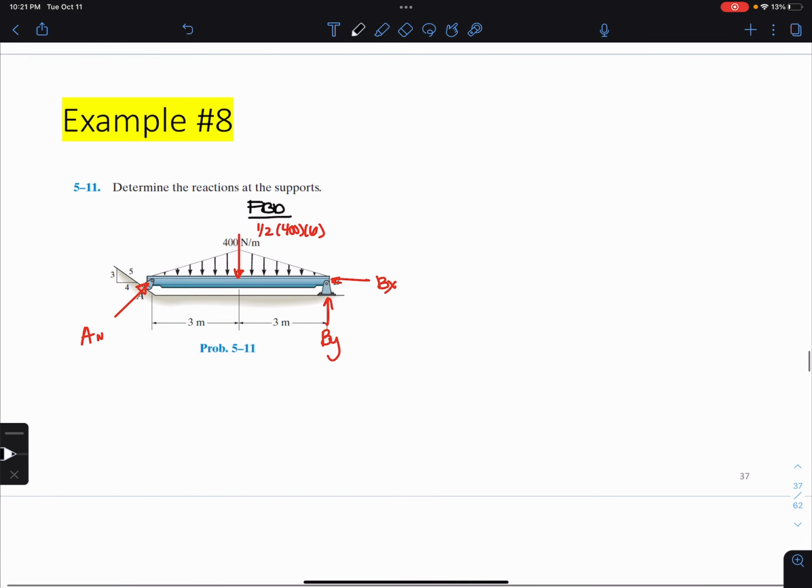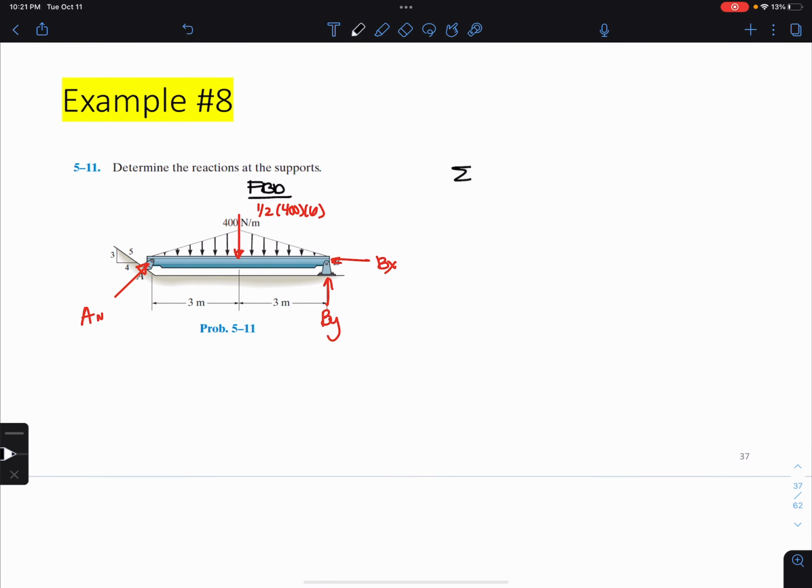To solve for the unknowns, I'm going to sum moments at point B to start with, counterclockwise is positive. 1/2 times 400 times 6, moment arm of 3, minus A normal, the 4/5 component times moment arm of 6 equals 0. I end up getting A normal equals 750 newtons.